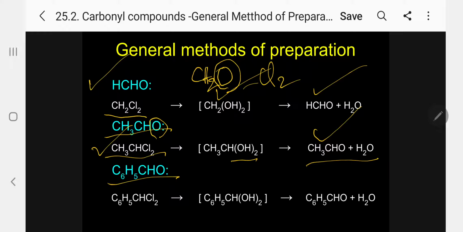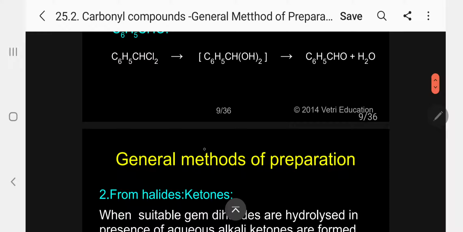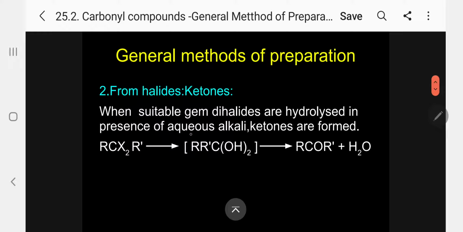In the same way for benzaldehyde, the corresponding gem dihalide is 1,1-dichloro-1-phenylmethane. It undergoes hydrolysis, 2 OH is introduced, which is unstable and decomposes to benzaldehyde and water. Please follow. The easy way to remember is: whatever the aldehyde or ketone, remove the oxygen, add Cl2, and treat with sodium hydroxide. You will get the corresponding aldehyde or ketone.